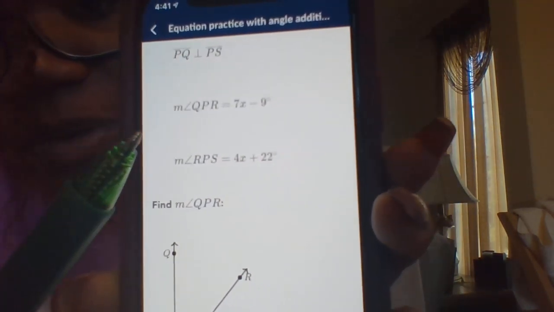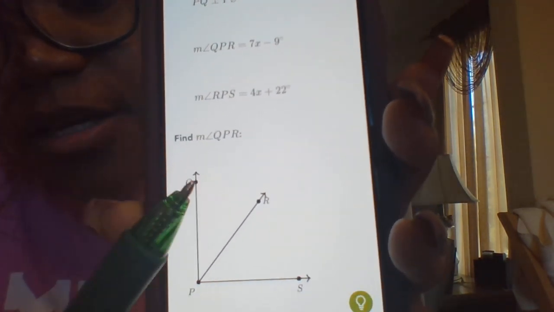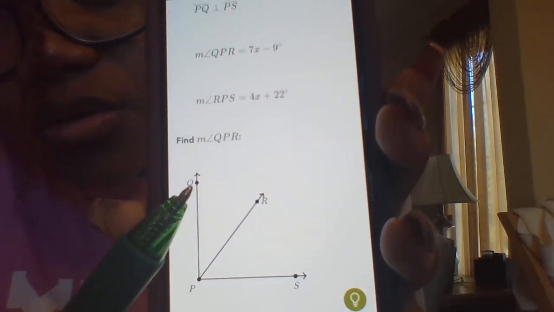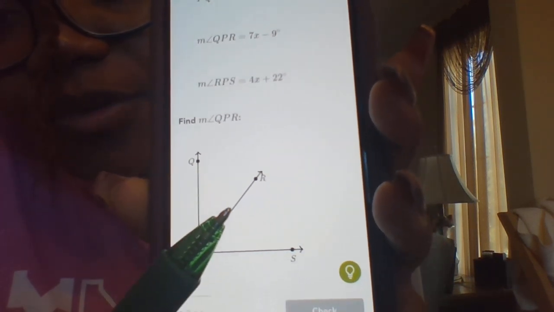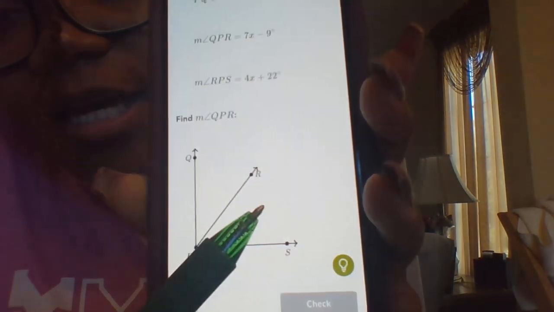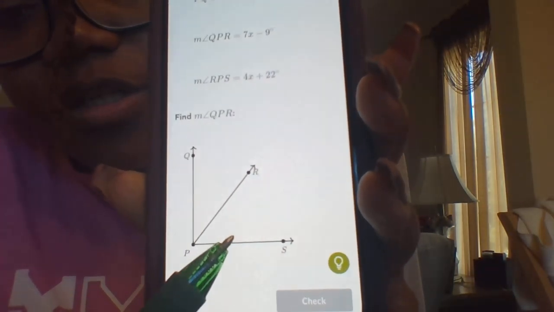Then they tell us that angle QPR is 7x minus 9, and this angle here, RPS, is 4x plus 22. So I went ahead and drew those out for you guys, and I'm going to add one more piece of information that I forgot to add.